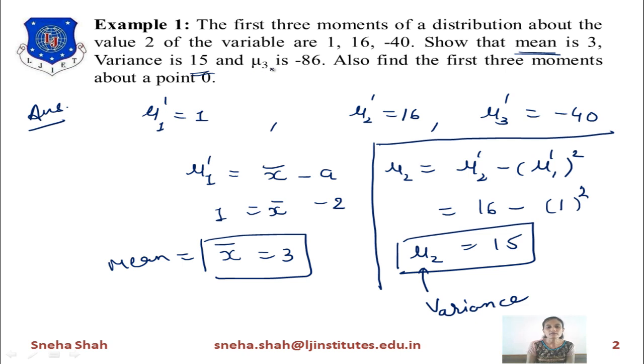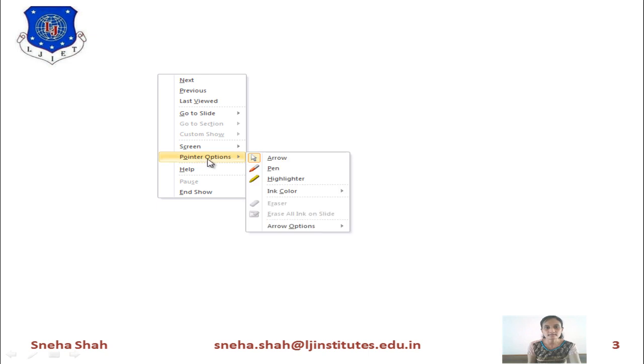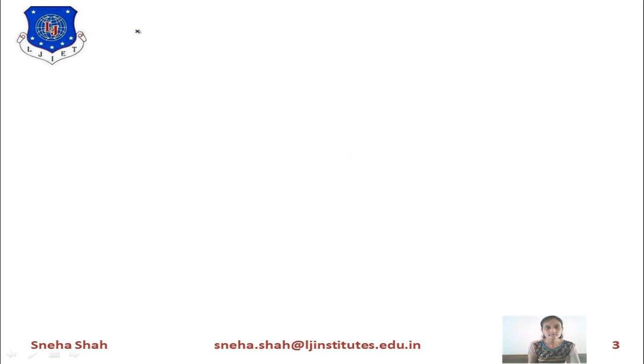Now similarly you have to find the value of mu3 and show that it equals minus 86. For this we have to take the equation like this: mu3 equals mu3 dash minus 3 mu2 dash mu1 dash plus 2 mu1 dash whole cube.